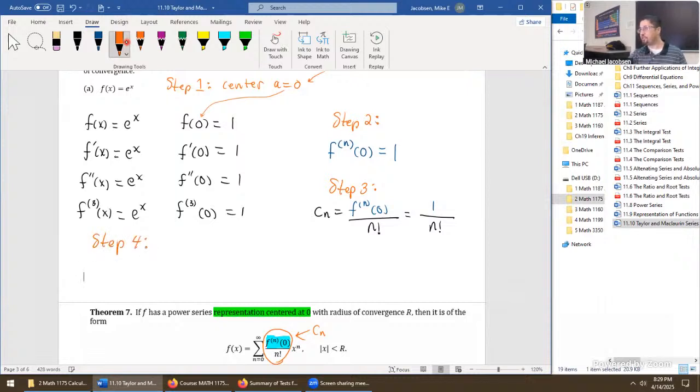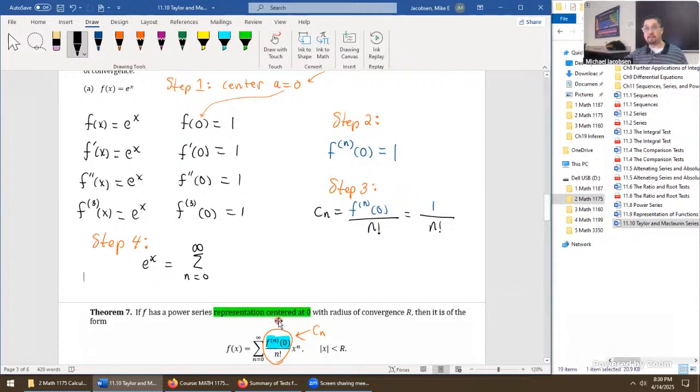Rather, that's step 4. There's quite a few steps, some of them pretty short. Step 4, let's write out e to the x. That's the f of x part right here, but it's kind of nice to indicate the specific function, e to the x, as being the one we're finding the representation for. This is a sum from 0 to infinity.